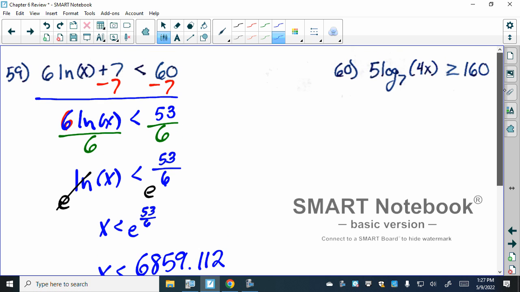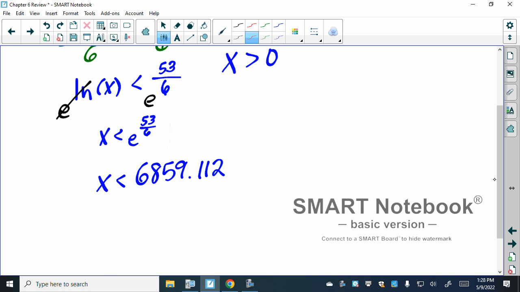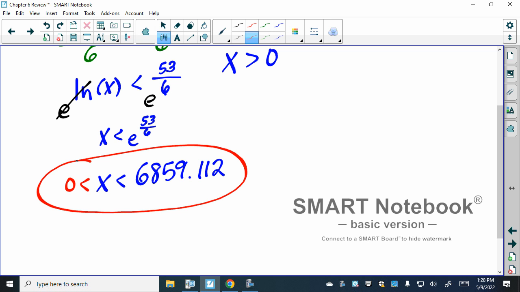Now, since it is less than, what's inside the natural log cannot be 0 or negative. Well, what's inside the natural log is x, and it must be greater than 0. So since it's just x, we have to add in the restriction, because what's inside the natural log cannot be negative or 0.